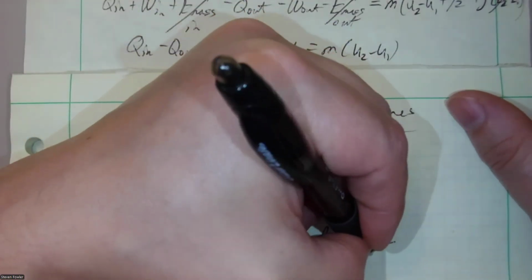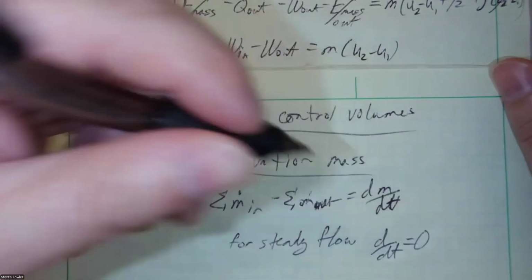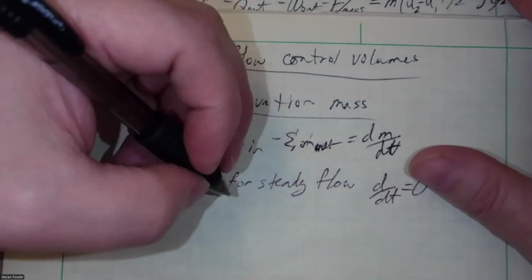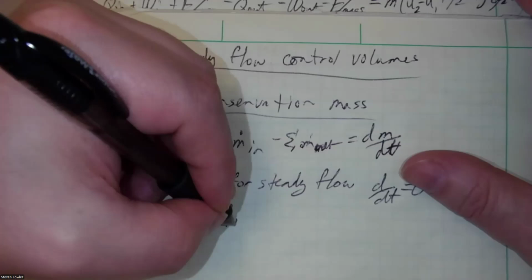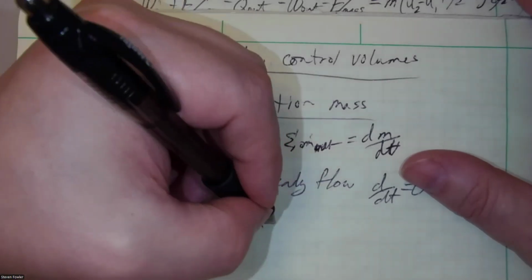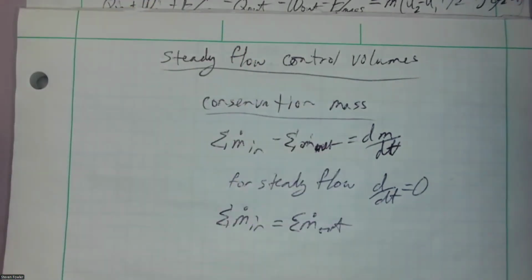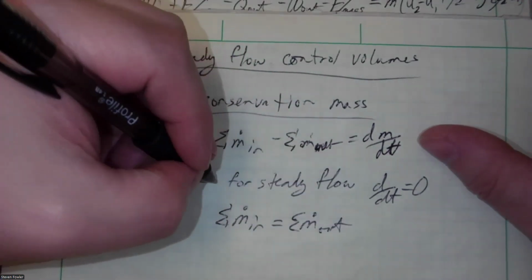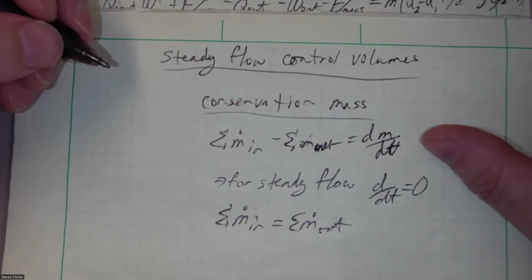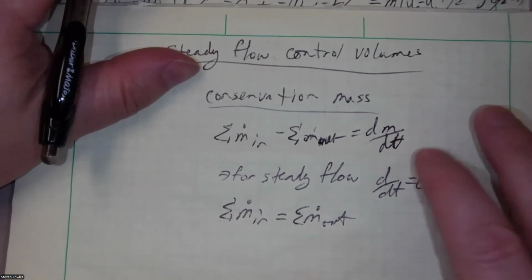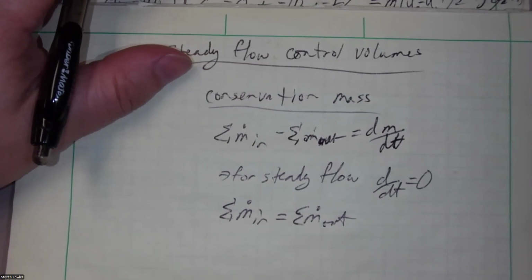For steady flow, everything with respect to time goes to zero. Everything's constant with respect to time. So that means that the total mass flow rate in is equal to the total mass flow rate out for steady flow. And this is common because we don't have a lot of tools to work with differential equations yet, I'll leave that for later courses.